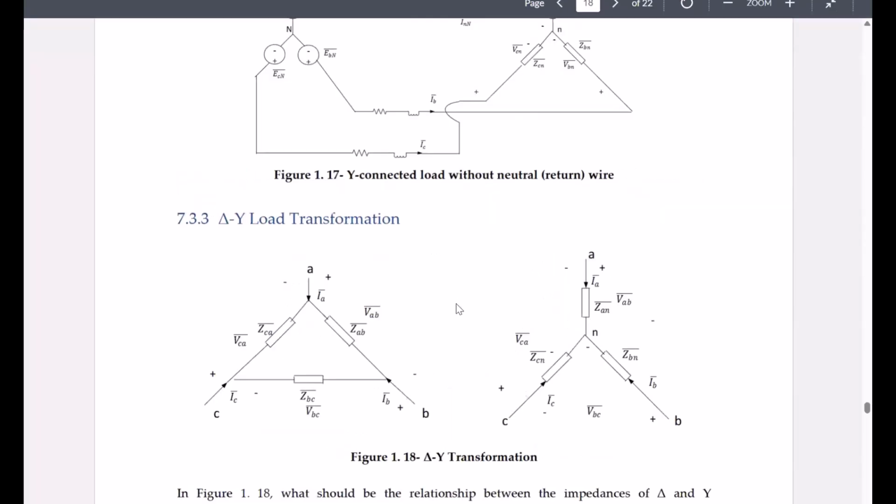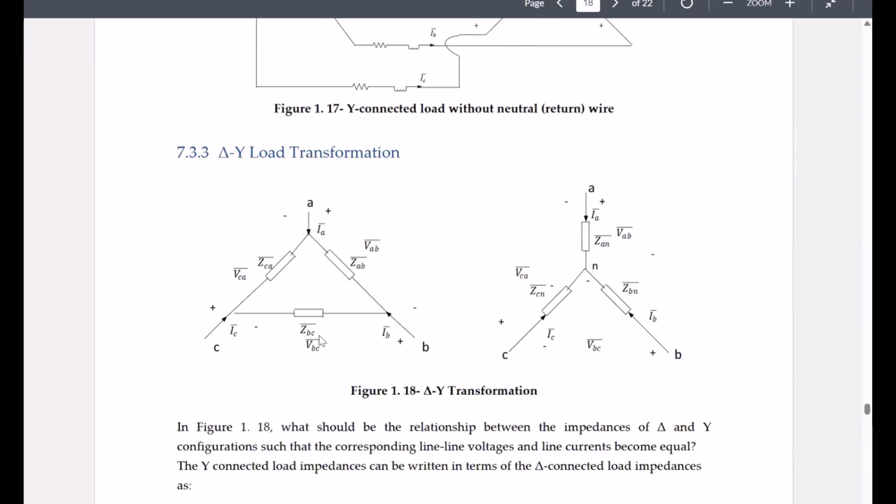Okay, so we can also talk about delta Y transformation. And delta Y transformation is quite general. It doesn't matter if the system is balanced or unbalanced. What we mean by delta Y transformation is that if you have a delta connected load with ZAB, ZBC, ZCA values, which could be not equal, you could convert that delta into a Y with impedances ZAN, ZBN, ZCN.